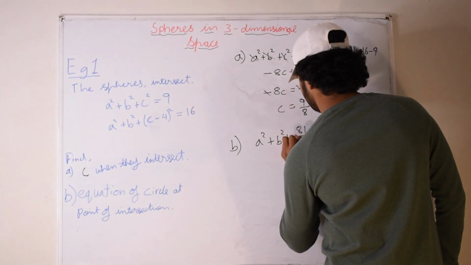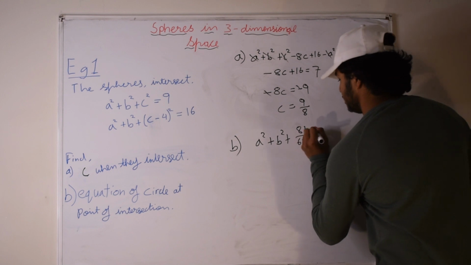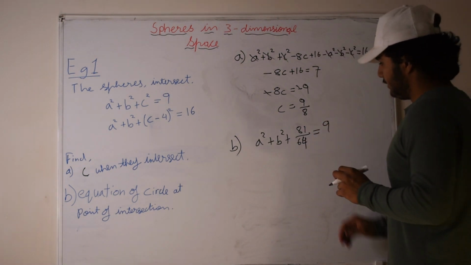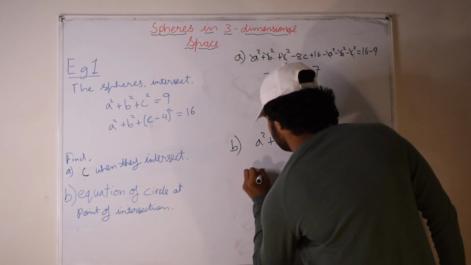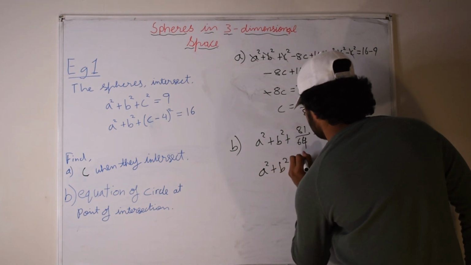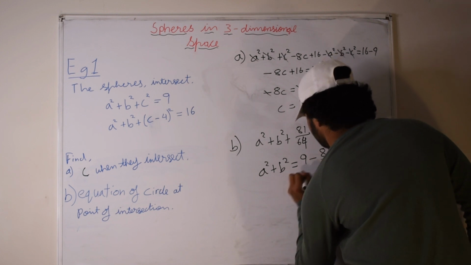So 81 upon 64 equals 9 in this case. The next step would be we minus this from both sides, so we then get a squared plus b squared equals 9 minus 81 upon 64.